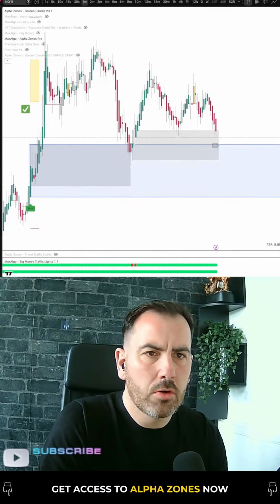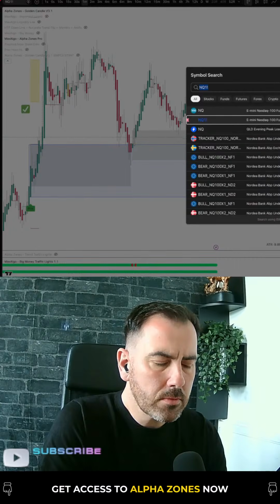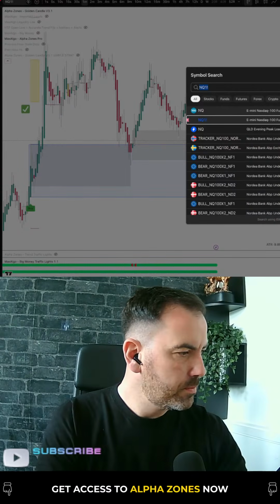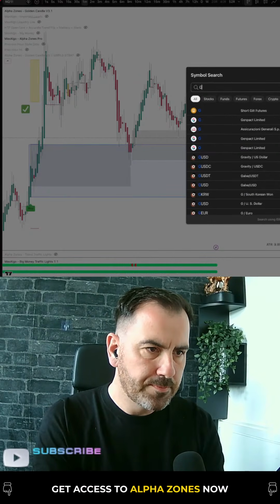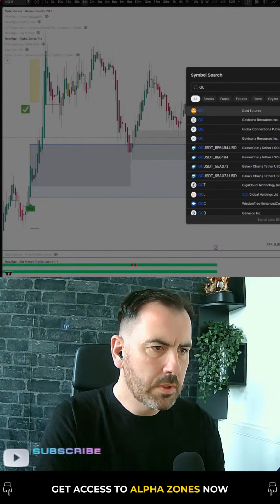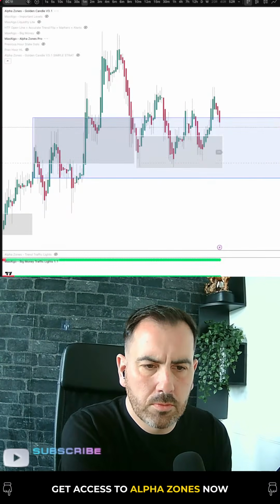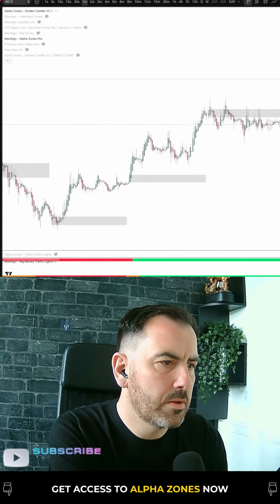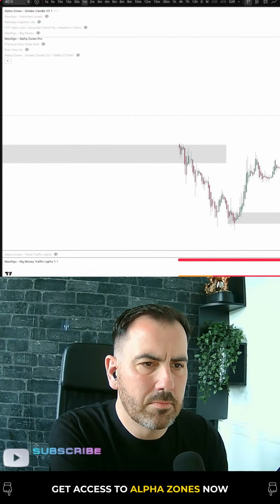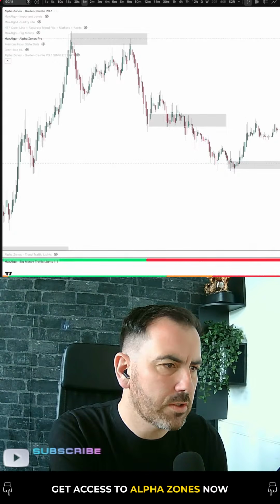Can you see how it works on gold? Yeah, you can see gold. Gold's going to be slightly different. I don't trade a lot of gold, is my honest answer. But what you'll find with gold is you'll get a lot of this. It's a little bit more up and down in regard to the alpha zones.